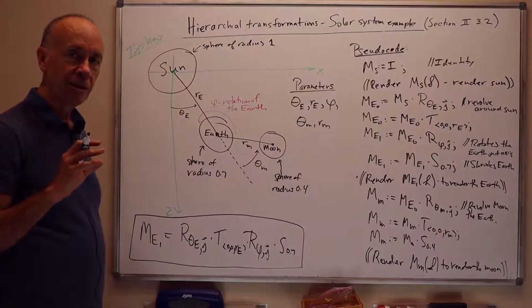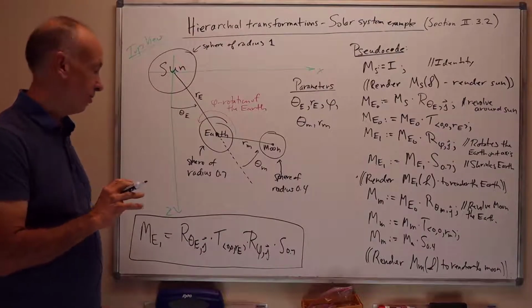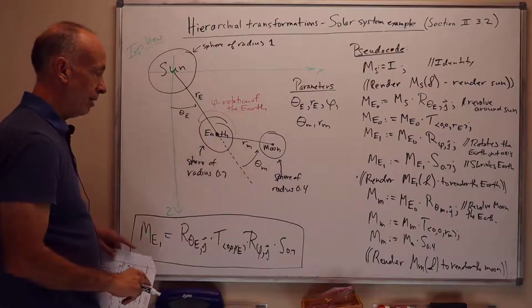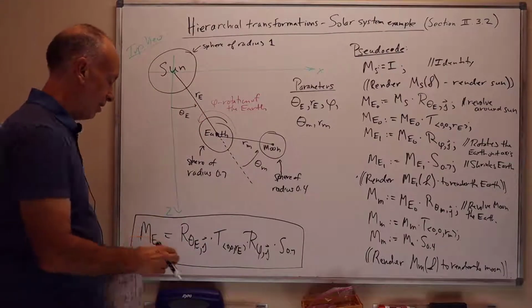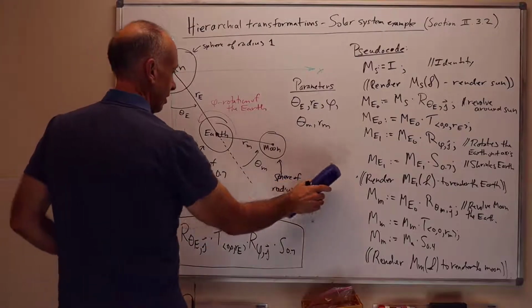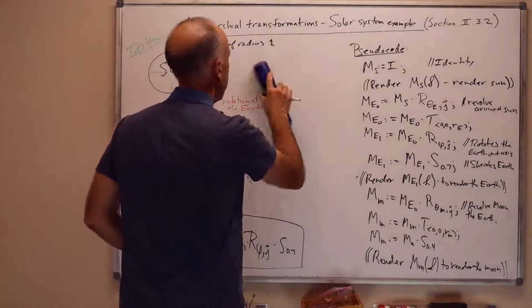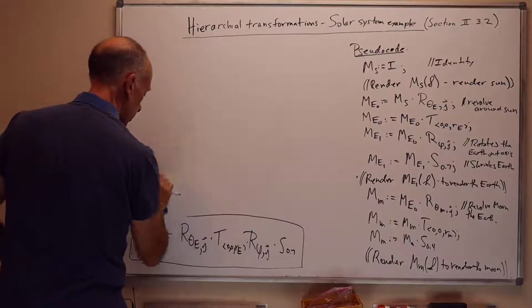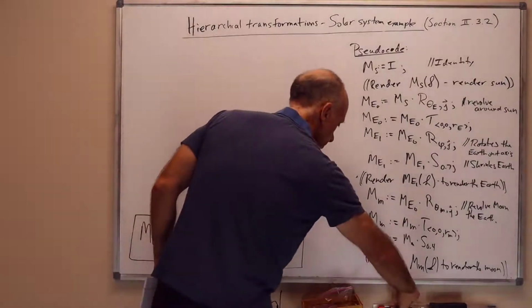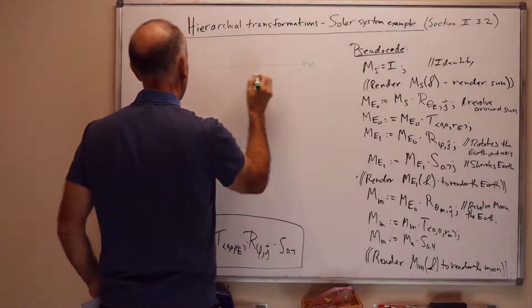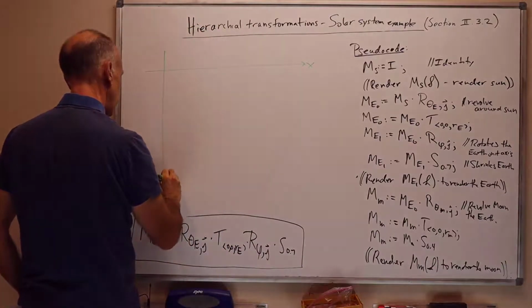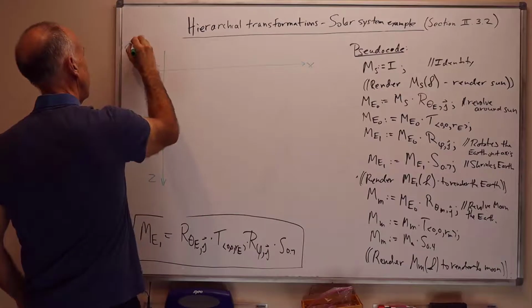The Earth is being rendered as a sphere of size 1 centered at the origin, but it's being transformed by this matrix. So let's see, I'm going to redraw this picture now. Let's see what this does to the Earth placement in the solar system. So here's our x-axis. Here's our z-axis pointing down. We're still in a top view.